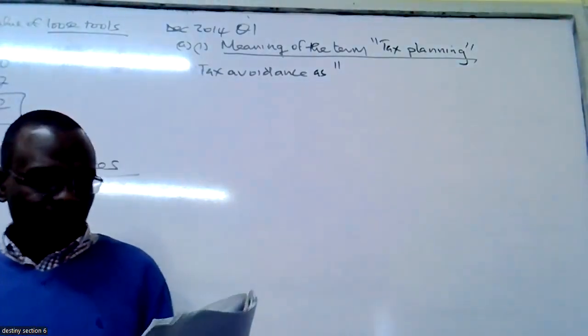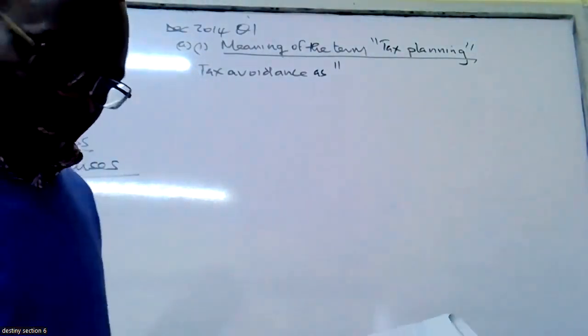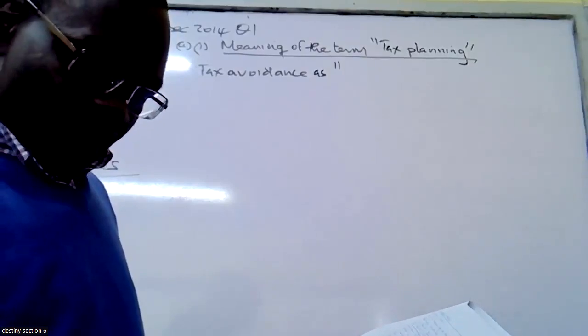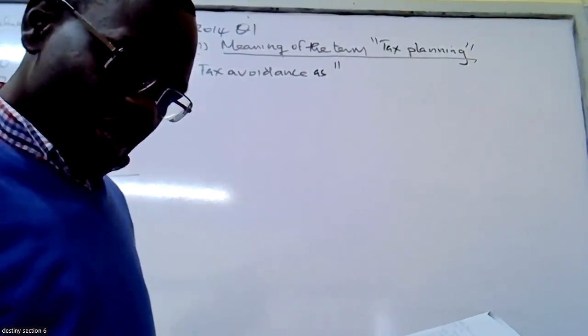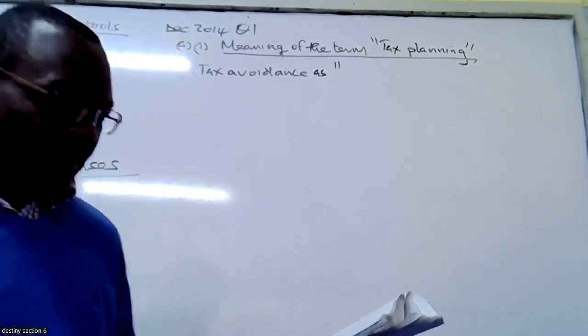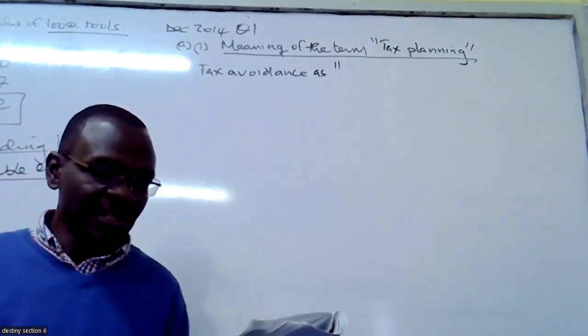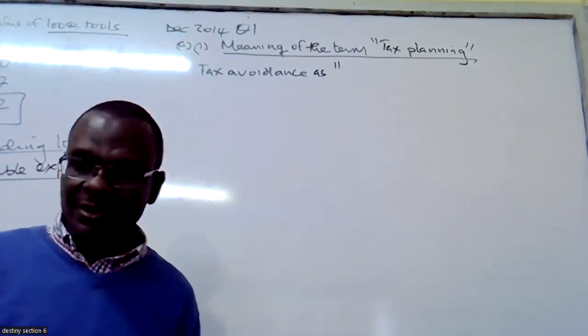So for Roman 2, we say enterprises engage in tax planning for the following reasons.